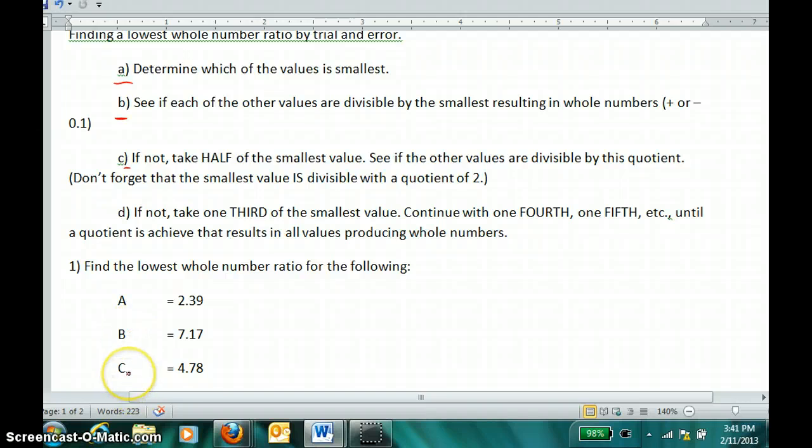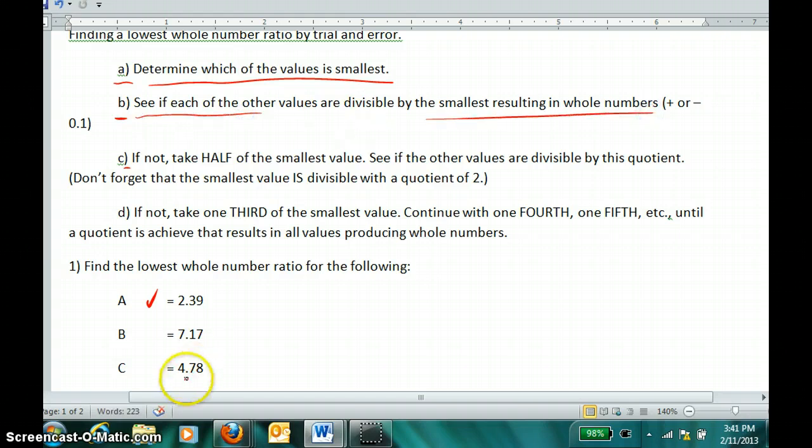Well, my first step is determine which of these values is smallest. 2.39 is smaller than either 7.17 or 4.78. Then see if each of the other values, and we're referring not to the smallest one, but the other values, is divisible by the smallest number, giving me a whole number. What do I mean? Well, if I divide this by 2.39, I get 3.